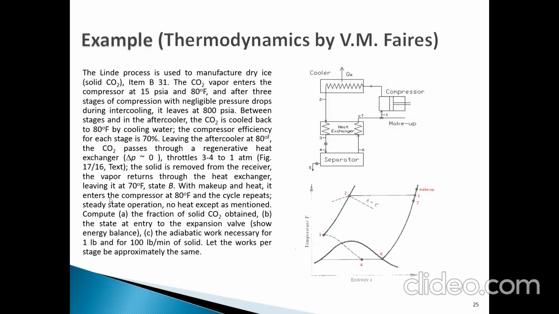It enters the compressor at 80 Fahrenheit and the cycle repeats. Okay? No heat except as mentioned. So, what is the fraction of solid CO2 obtained? And the energy balance, adiabatic work necessary for 1 pound and 100 pounds per minute of solid. So, mamaya makita natin yan.